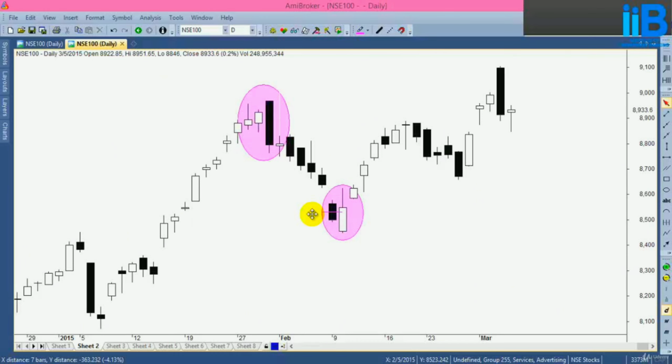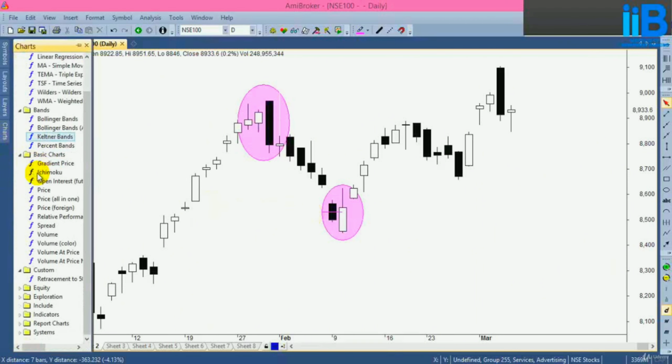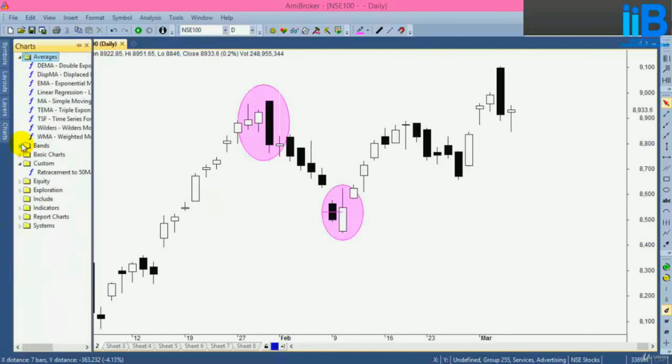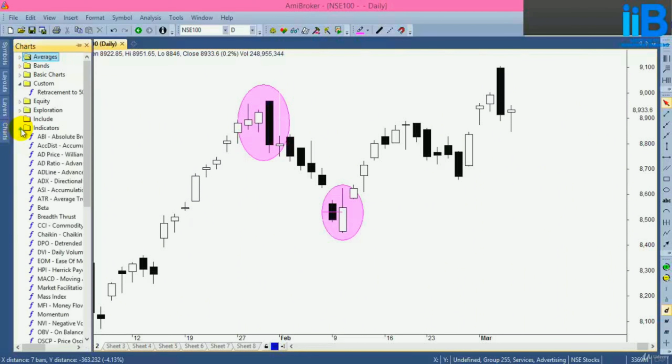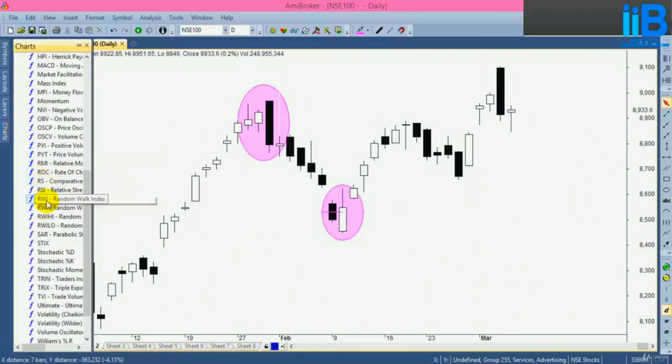There are many oscillators, but conventional oscillators like stochastic, MACD, CCI, commodity channel index, and RSI could be used to understand the stage of the current market trend. So I will add the stochastic oscillator with its default setting, stochastic %D.